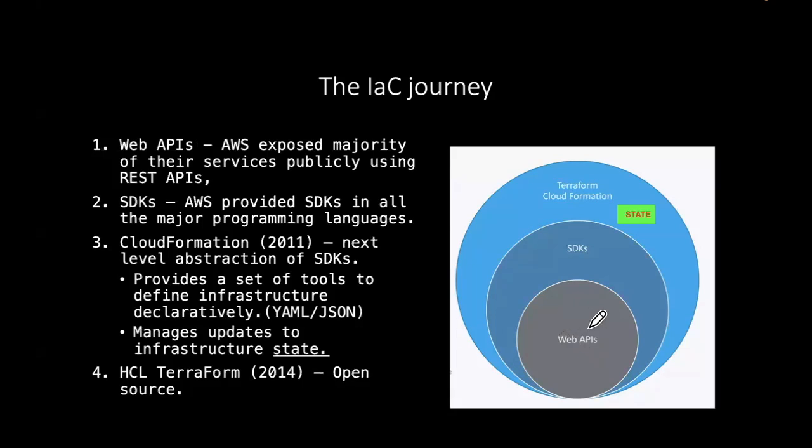AWS provided Web API interfaces to its various services, and I mentioned that earlier on. That means we could communicate with it because we know what a Web API is. It also provided a software development kit, and that's what we were using in our Python scripts.